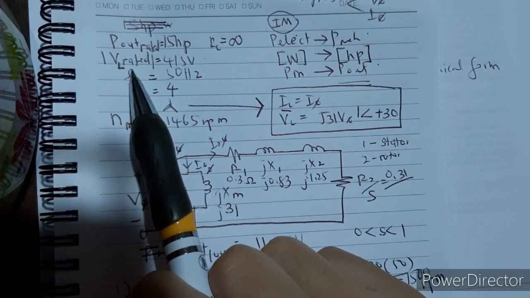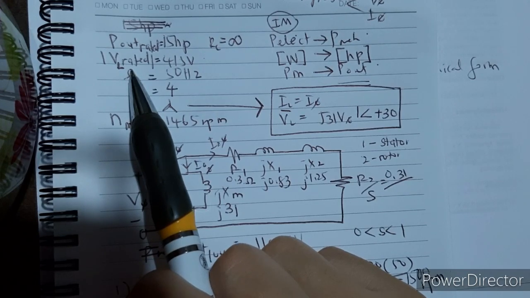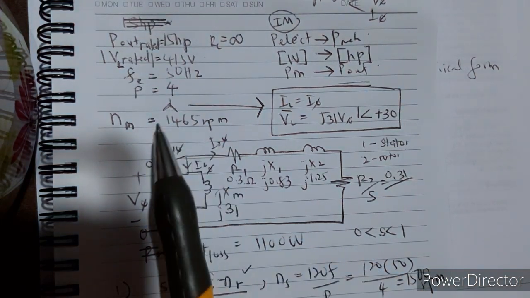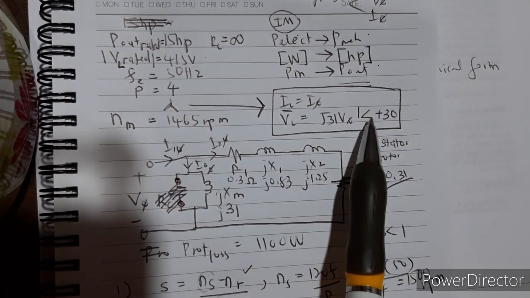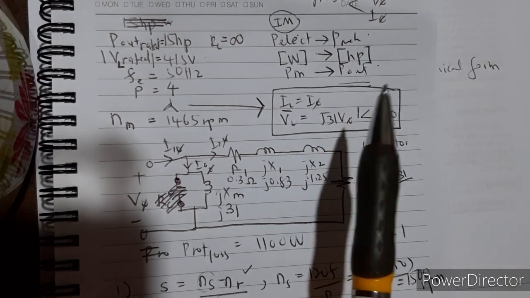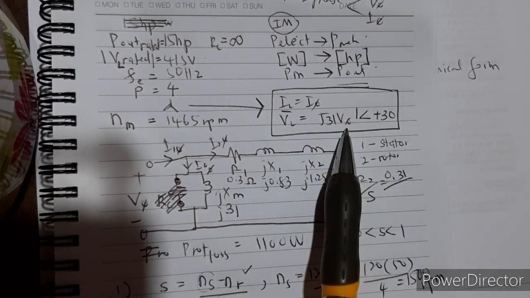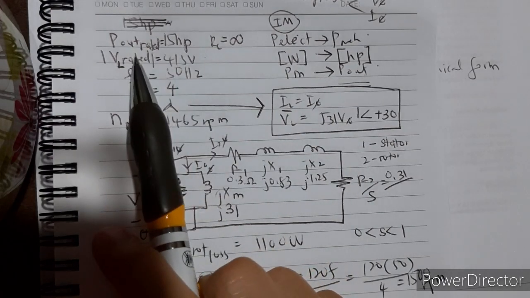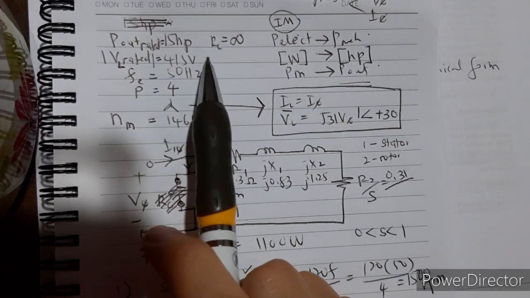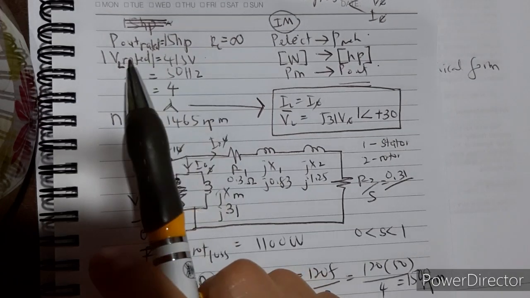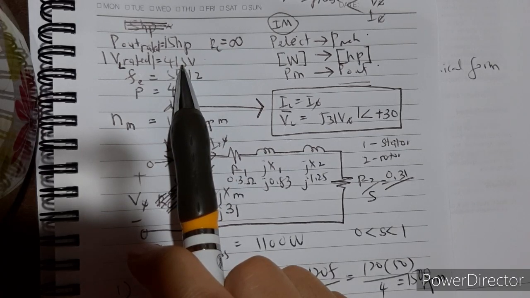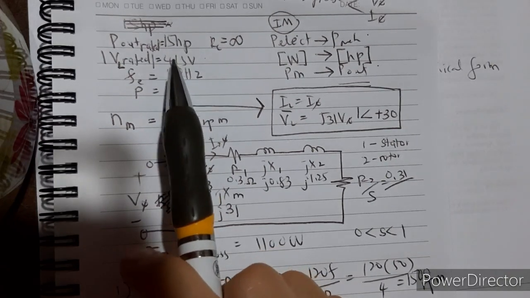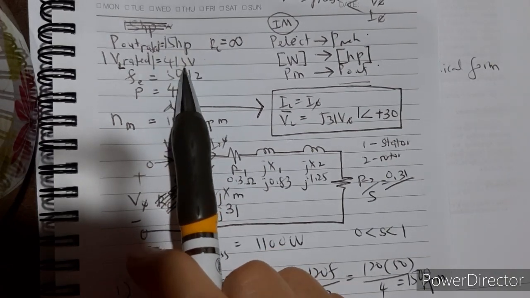So you need to find your V phase. You can't simply use V line, because for star connected motor, V line is not equal to your V phase. You need to find your V phase. But again, the angle of V line is not stated. The question only gives you the magnitude. So we can use the assumption that we can assume V phase is at 0 degree.